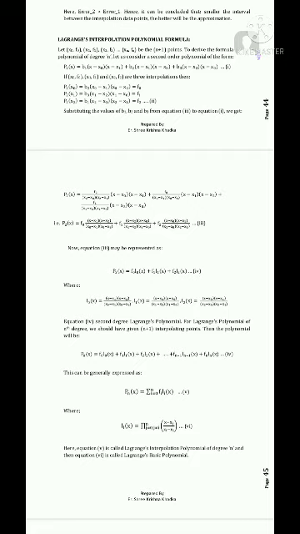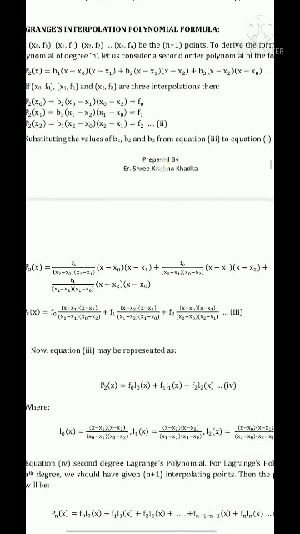If you are given points of data like x sub 0, f sub 0, and then x sub 1, f sub 1, so on and so forth. So in order for us to formulate a polynomial out of this, we have here the format. An example of a second order polynomial is this, right?